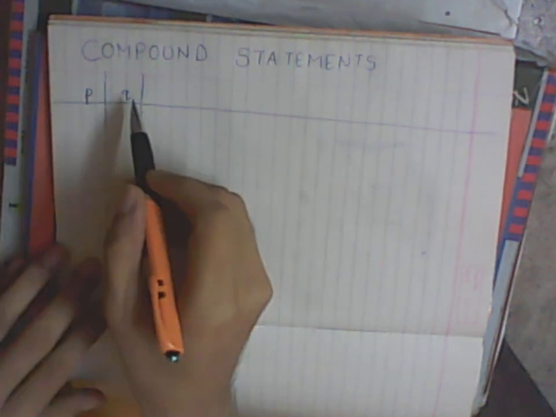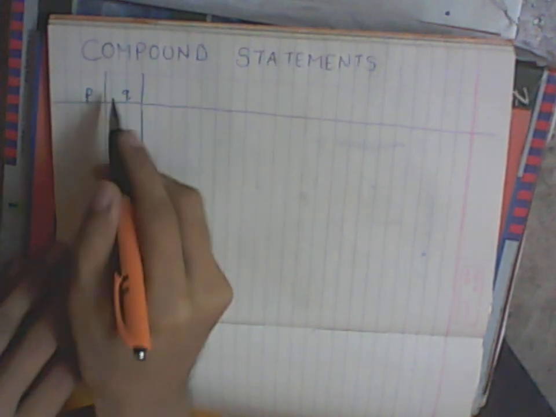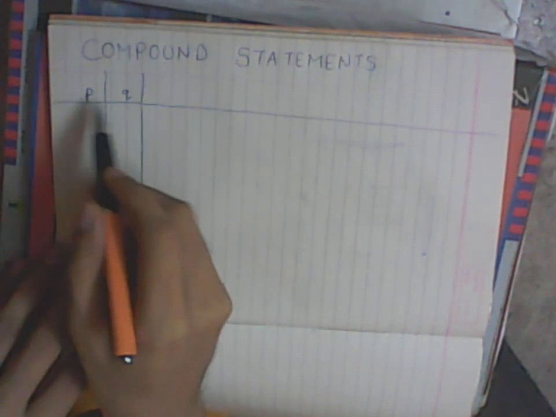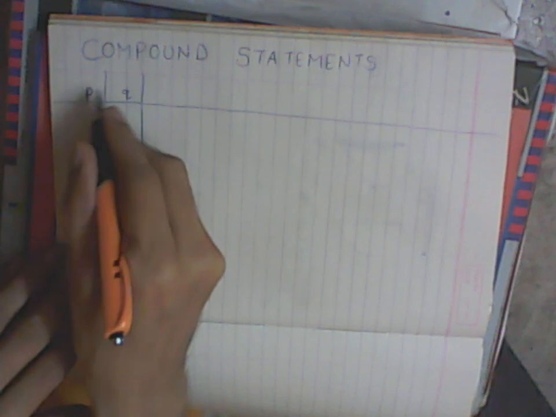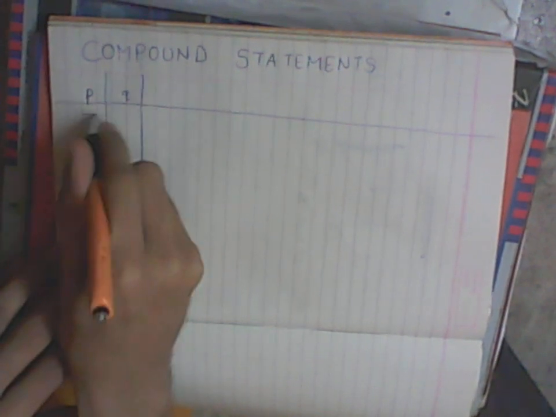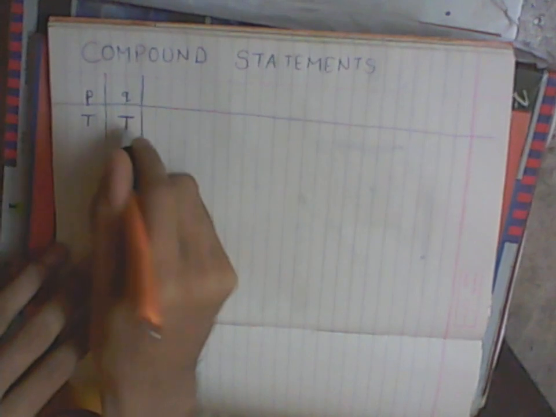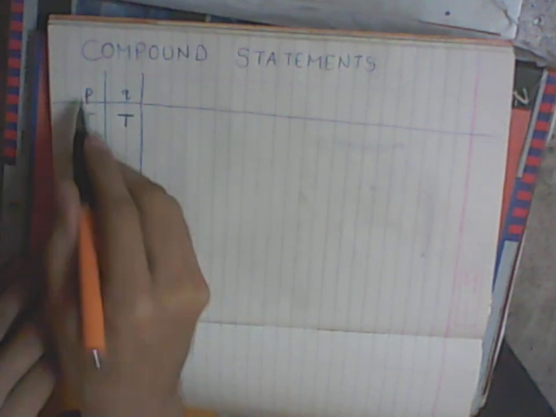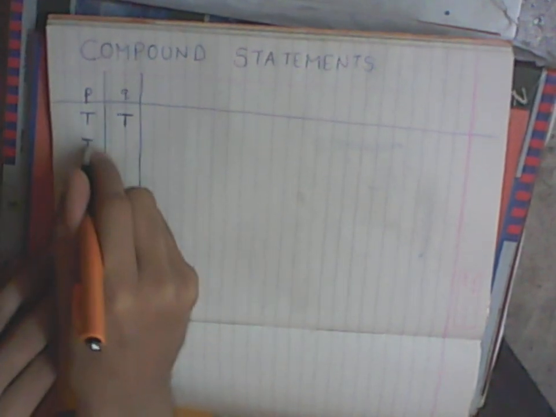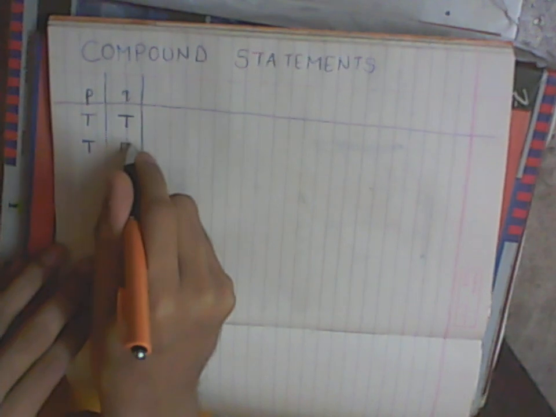But even before that, there are just a handful of possibilities for the truth values of these two statements. I can have both of them be true. I can have P be true and Q be false.